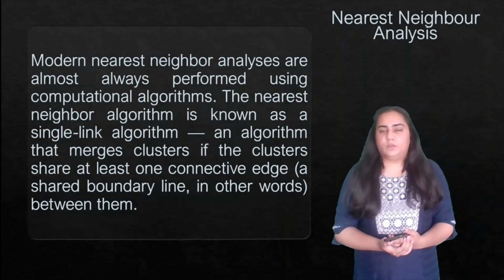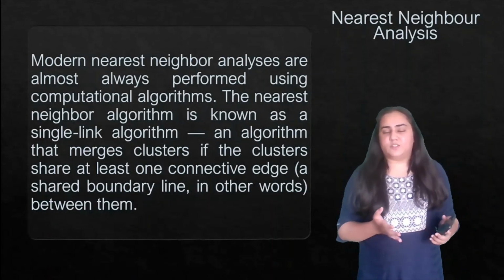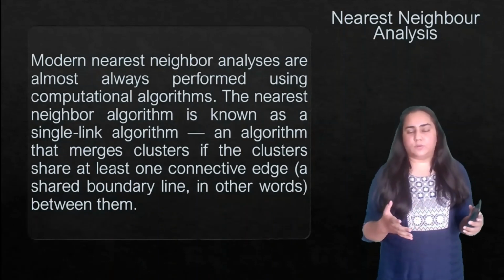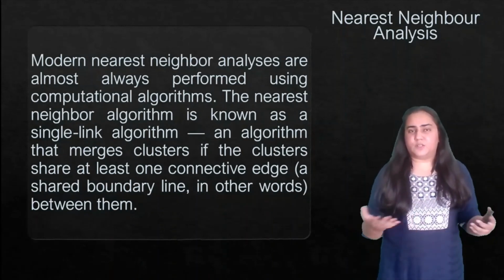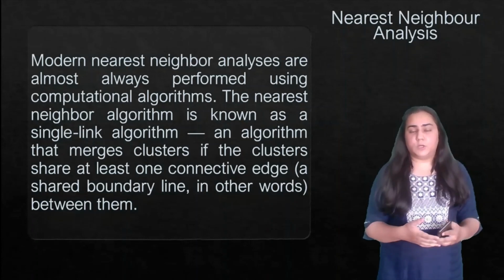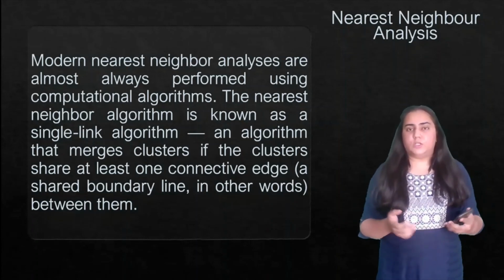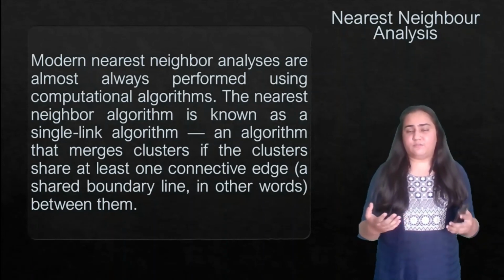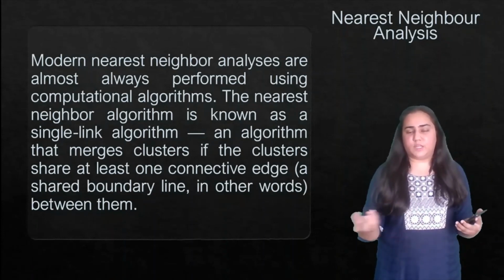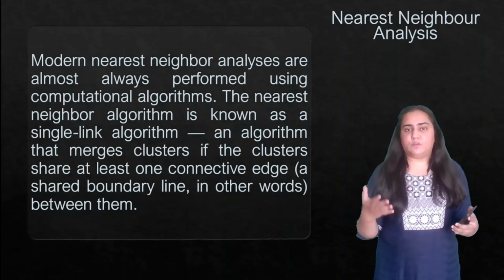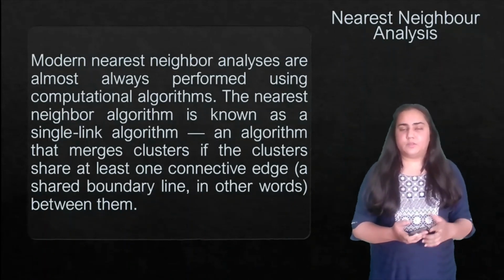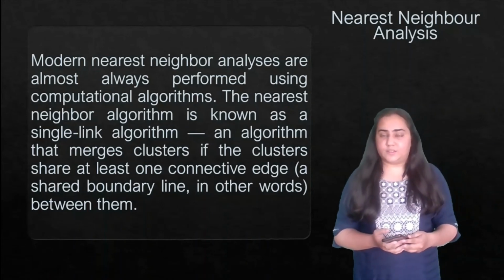So usually we have to decide how many clusters we want to form if you're doing clustering and just dividing your data. Suppose there are 10 clusters and maybe 10 is too much, then you might want to merge two or three clusters together, and this is done by checking if they have some boundary in common or something touching. If there is a common boundary or edge, then such clusters can be merged together. So that's how nearest neighbor analysis works.